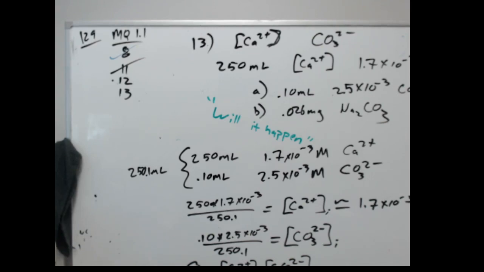And this will happen every week because all of you have randomized numbers for your own calculations, except for a couple weird problems where if I randomize the numbers too much, the problem goes really bad. So now we can calculate the carbonate concentration, calculate our Q, and then do Q versus KSP to figure out will it happen or not. And then you would do the same for the next one.